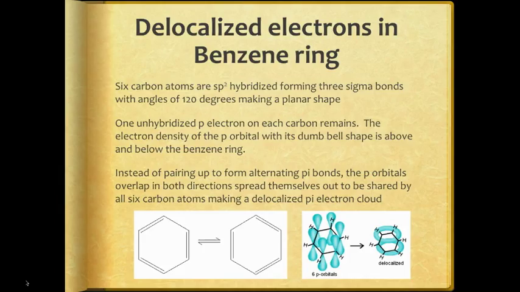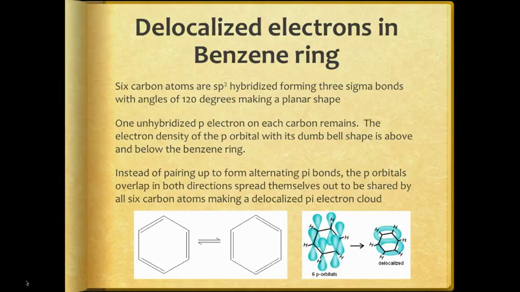You can see the beginning of a benzene ring with 3 sigma bonds. 1 unhybridized p electron on each carbon remains. The electron density of the p orbital, you notice on the right in that picture of the 6 p orbitals, its dumbbell shape, is above and below.